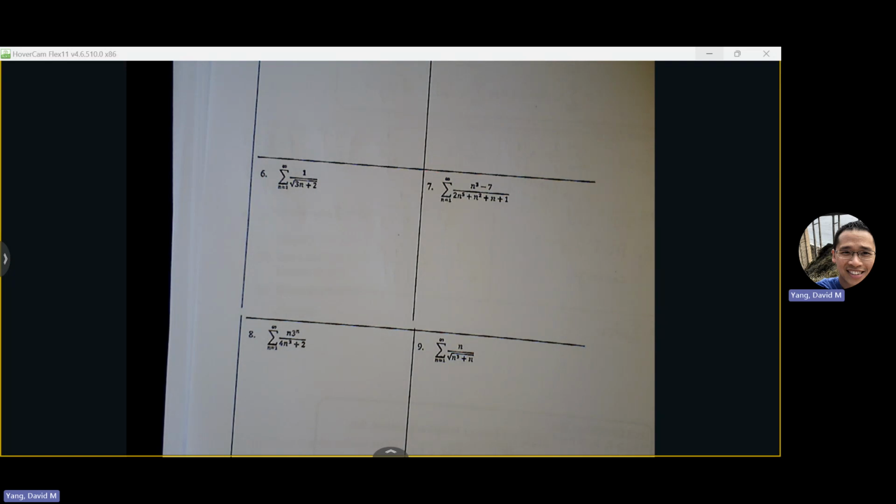If my limit gives me a real number, then I know that both series will either both converge or diverge. So we're still working with a comparison partner, and we're going to find a simpler series, just like with the direct comparison test, but rather than using inequalities, we're going to think of it as a limit problem. Okay, let me show you what that looks like. So, page 28, number 4.